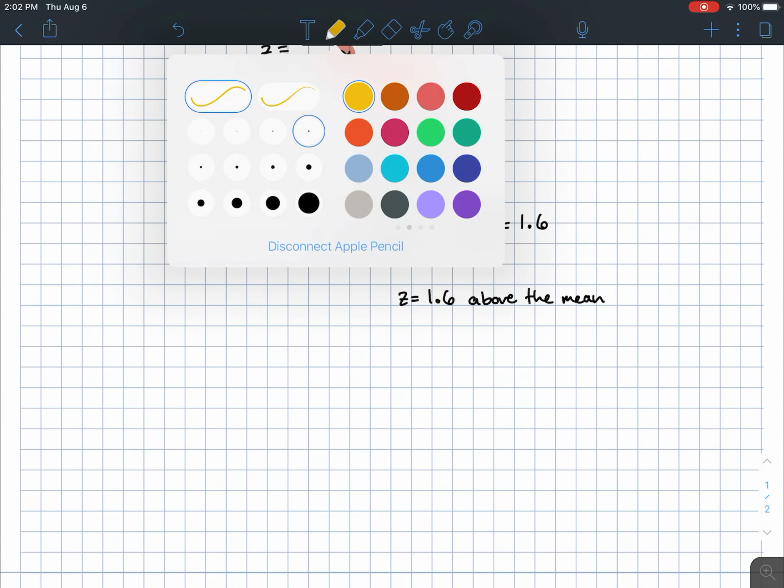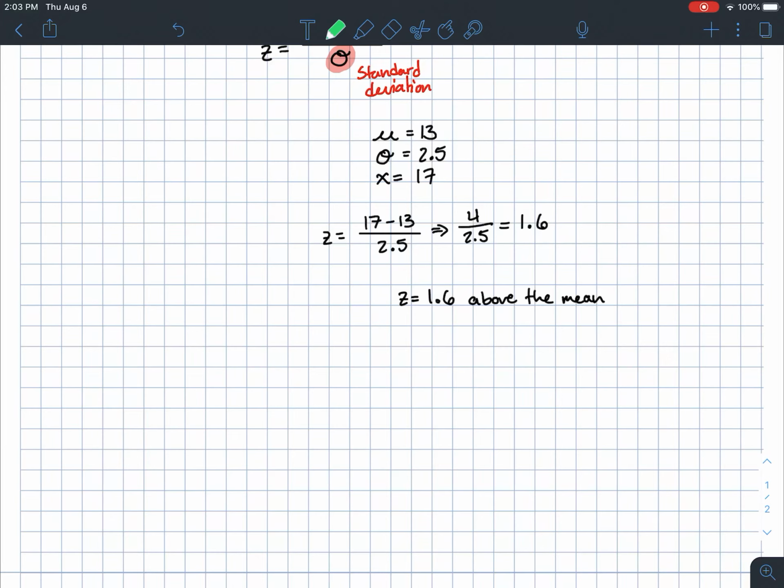Well, the typical range, what we're going to call our typical or normal night, is always going to be when the z-score is between -1 and +1. Okay?